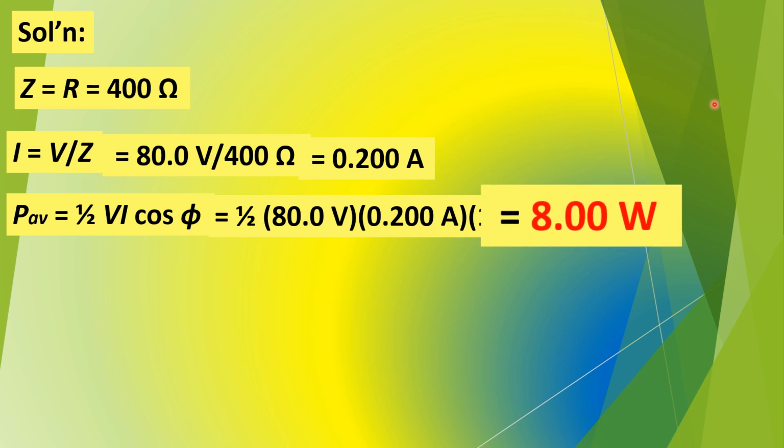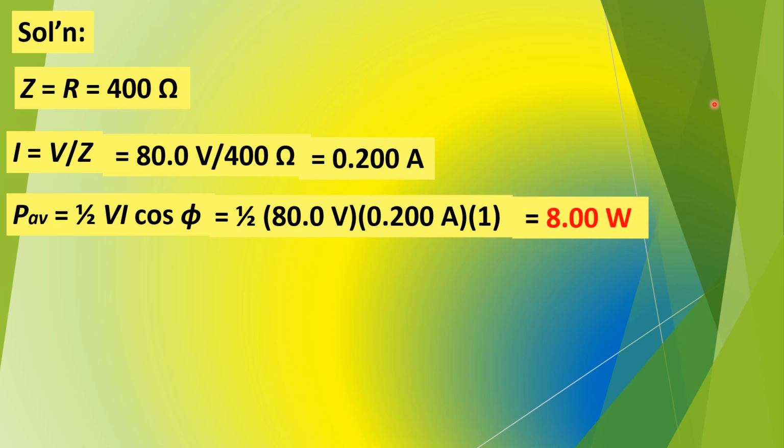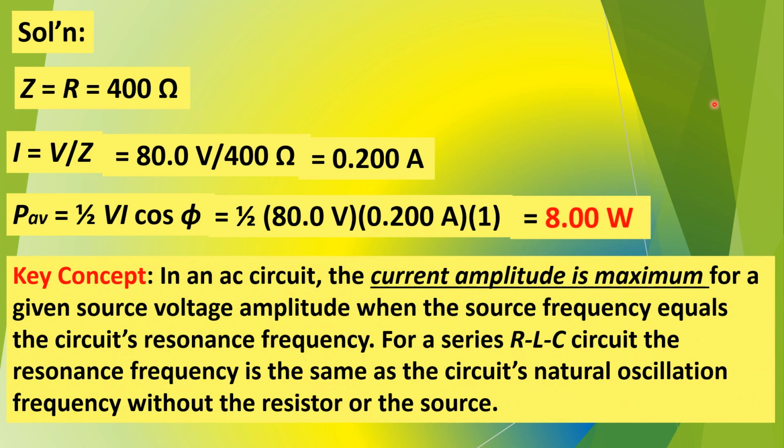So that completes our answers for all the questions in this video tutorial. But before we go, we emphasize the key concept that we applied in this particular question number 3. We say that in an AC circuit, the current amplitude is maximum for a given source voltage amplitude when the source frequency is equal to the circuit's resonance frequency.